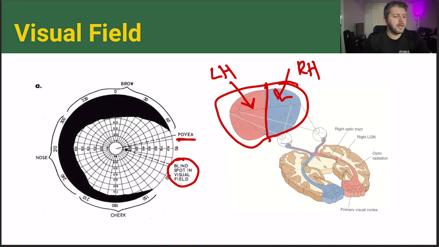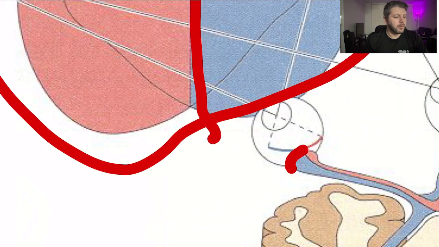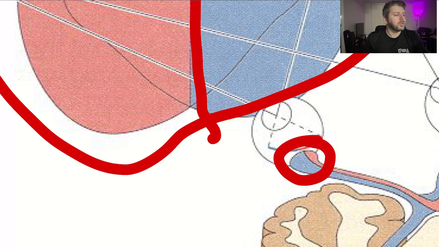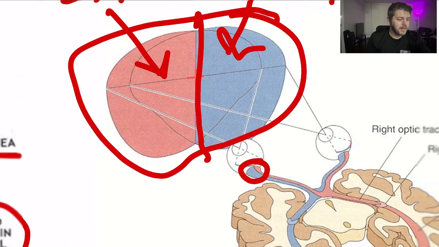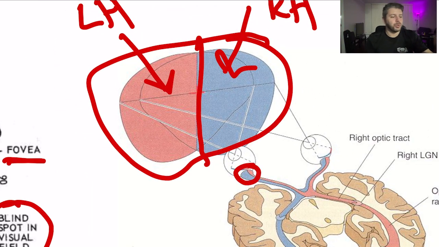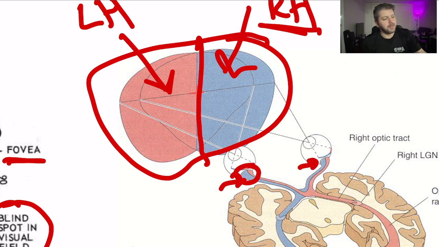So what you can see here, if I zoom in, you can see blue and red. What's going on is the right hemifield is projecting to the left part of both the left and the right eye. So you can see this whole area in the right hemifield is blue, and we have blue here, we have blue here, and the opposite is true for the left hemifield.